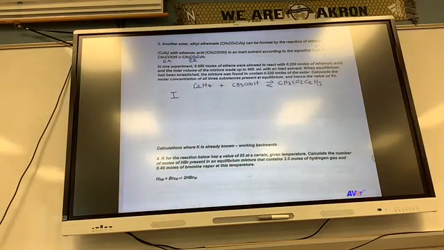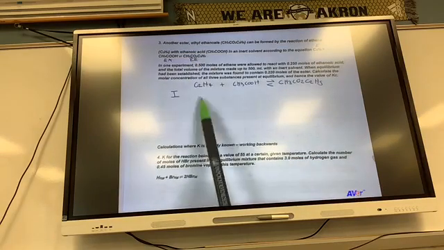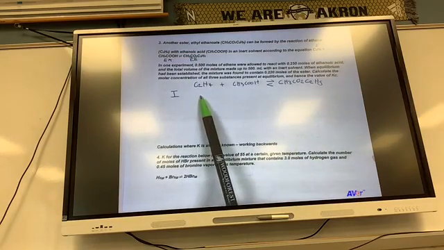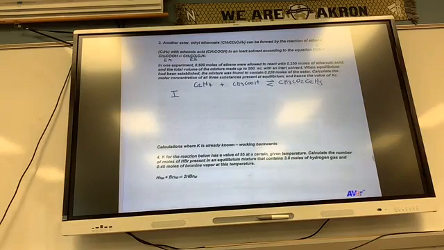So, what am I going to write down for my initial concentration of C2H4? It's 1 molar. Why, Brock? Because it's asking for the molar concentration. Well done, Brock.